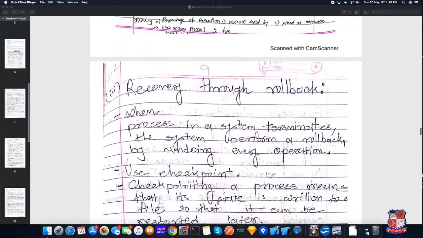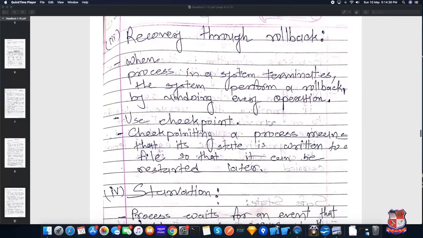The third one is recovery through rollback. In this concept, when a process in a system terminates, the system performs a rollback by undoing every operation. We can use a checkpoint.